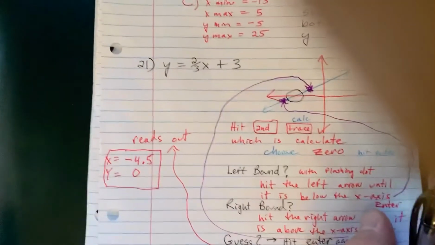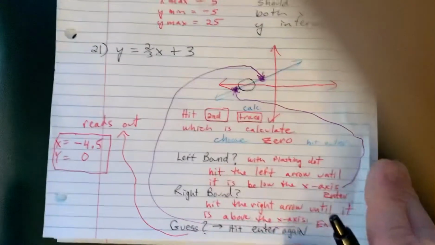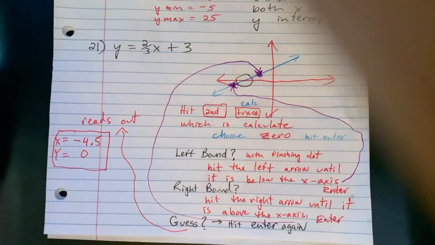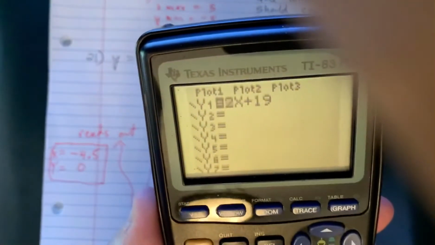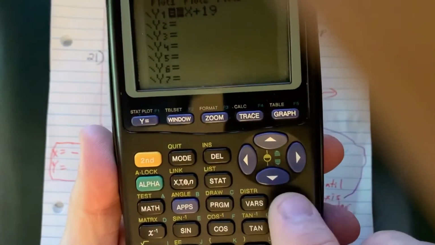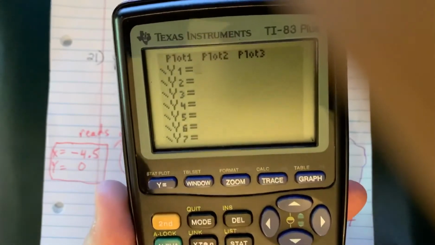Let's look at 21. That's y equals 2/3 x plus 3. When you type that in, you could do that a couple of different ways. First of all, if you hit the clear button right here, that'll clear it out.